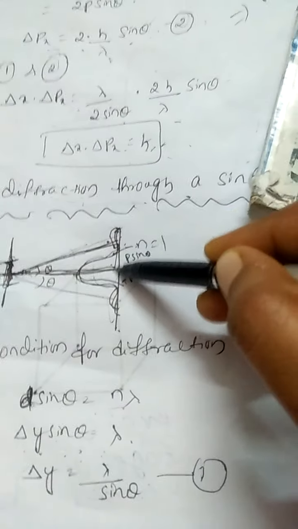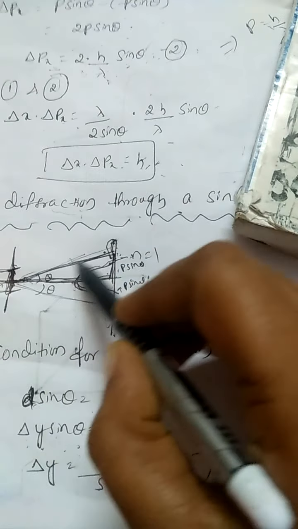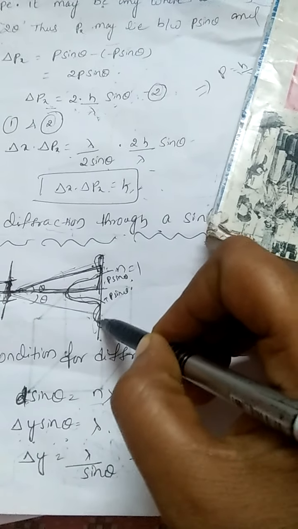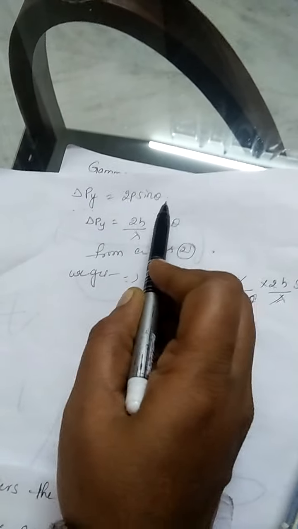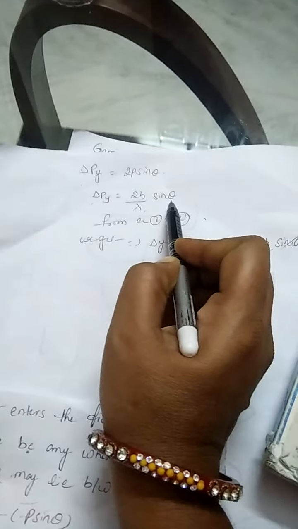Along the y direction, the electrons diffracted on this side have momentum p sin theta, and on the other side, minus p sin theta. So along the y axis, the momentum of the diffracted electrons becomes delta py equal to 2p sin theta, where p is equal to h by lambda, as we know.